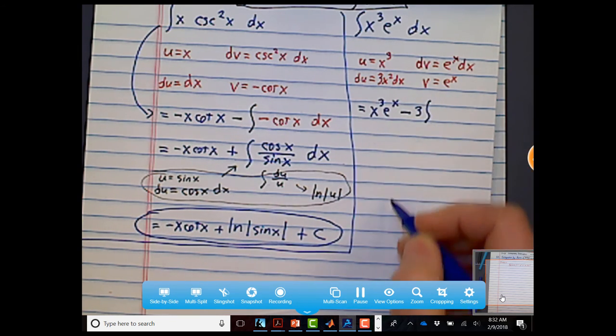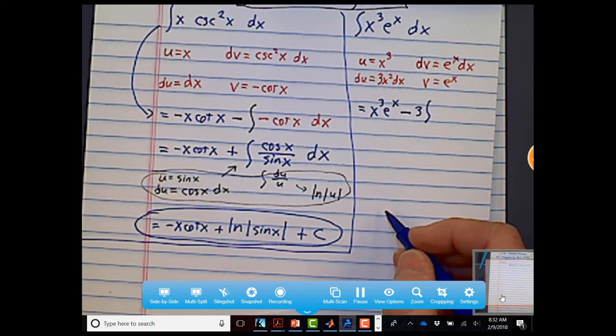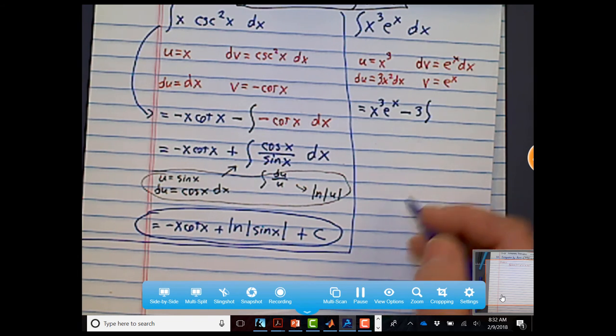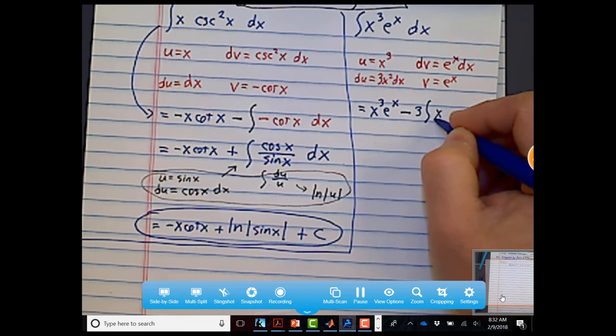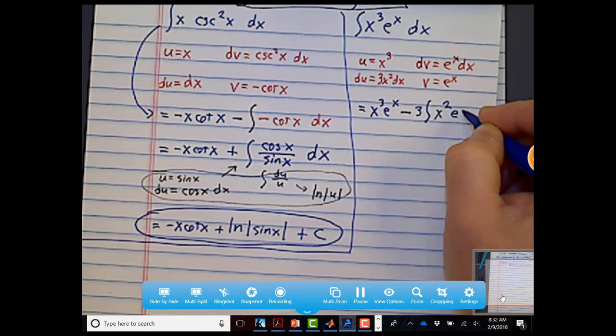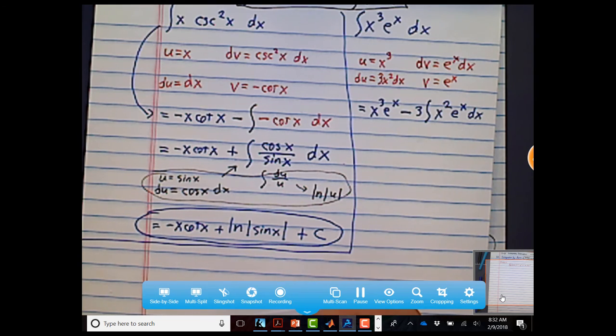I'll pull that out in front of the integral. 3 times the integral of x squared e to the x dx. And the question is, is that integral any better than the one before it? Do it again, Paul. Do it again.